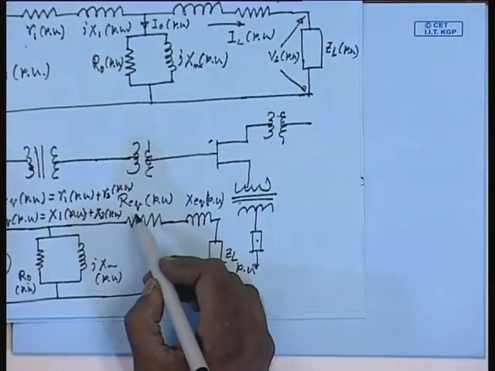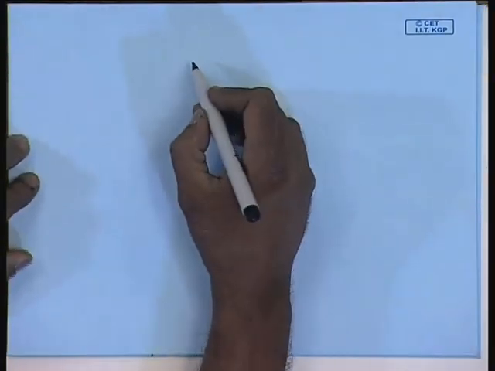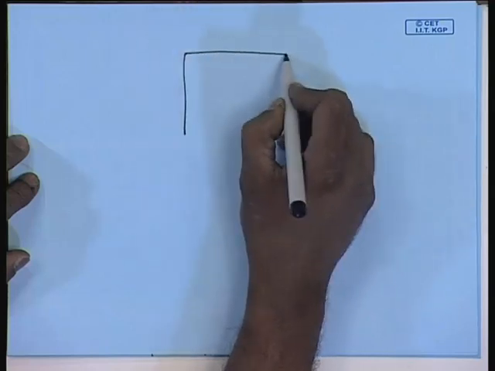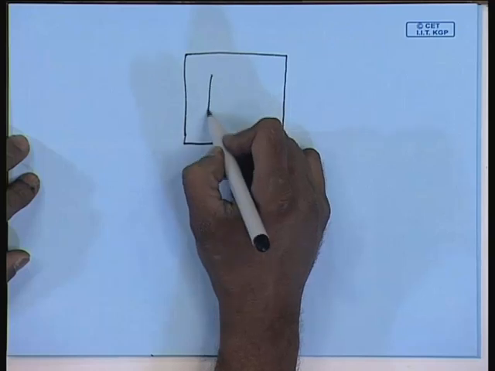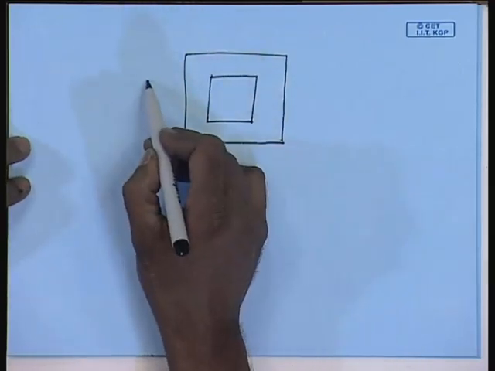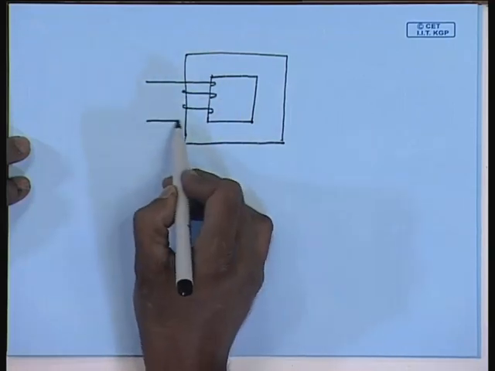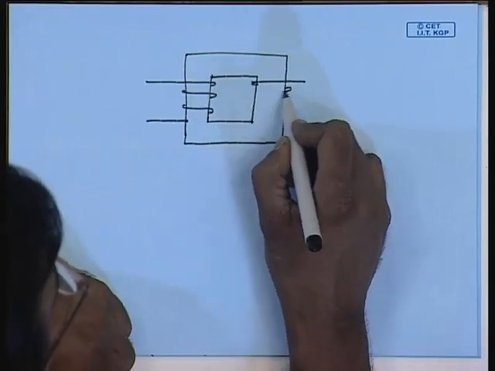Next, we have to find out the parameters Req and Xeq, and this is done by short circuit test. In short circuit test, what do we do? We take the single phase transformer, and short one of the sides.